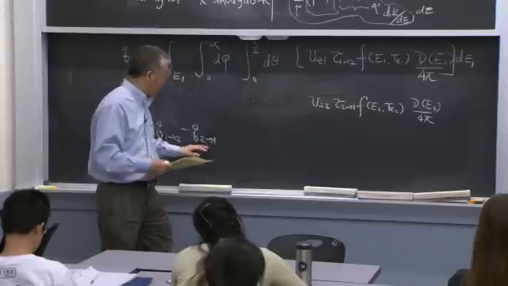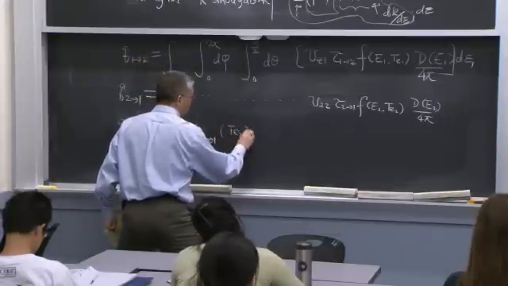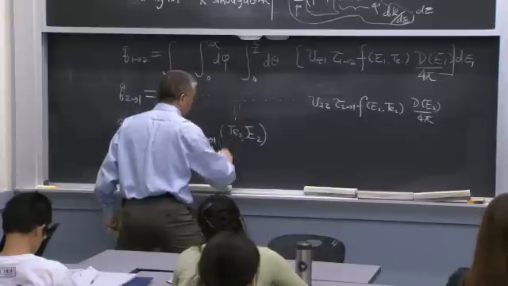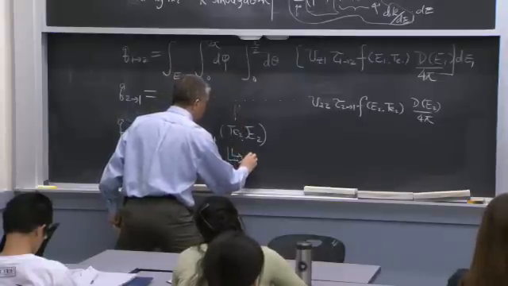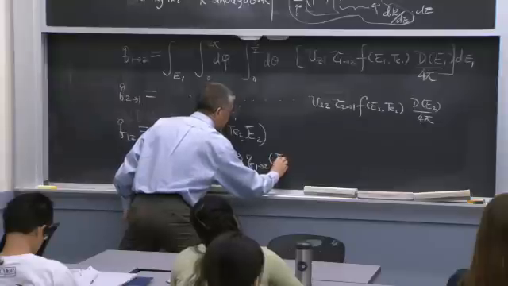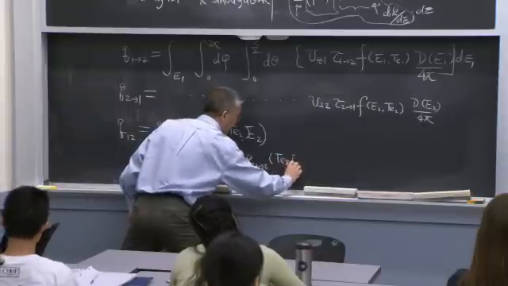So Q2 to 1, this is at T2, E2, and according to detail balance, this should equal Q1 to 2 at T2 and E1.